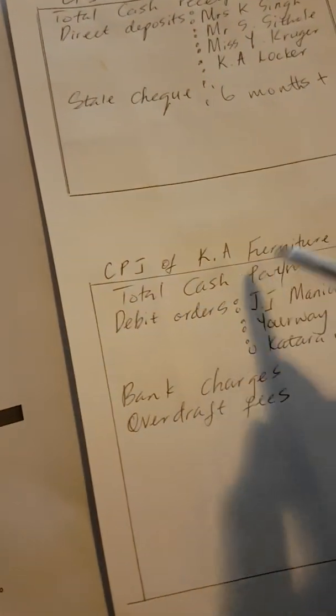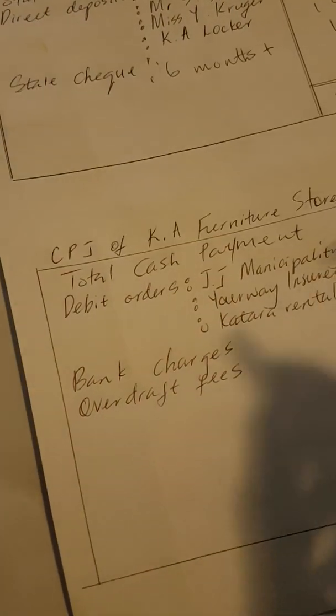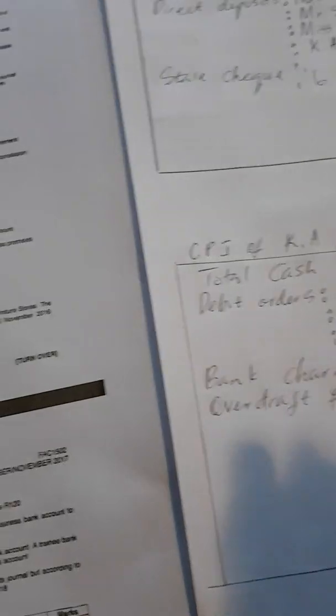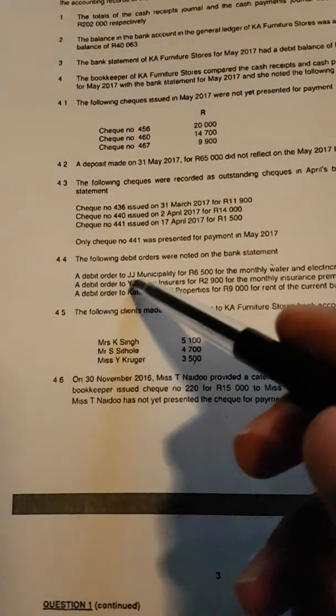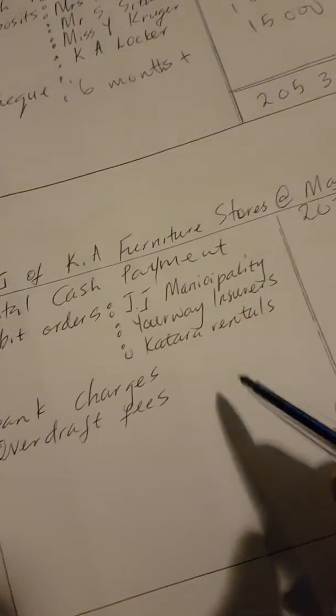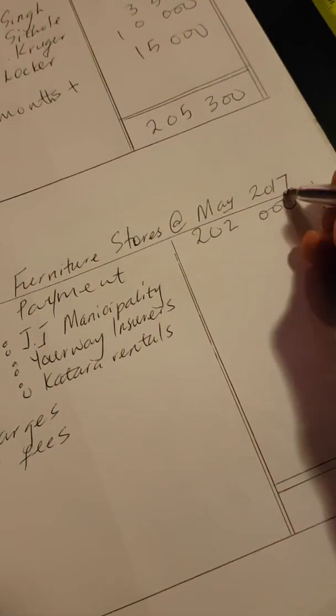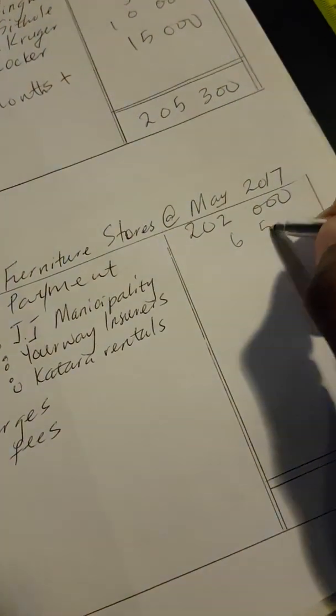And then what else do we add? We add the debit orders, the stop orders. But in our situation we have debit orders. I see a debit order of JJ Municipality 6,500.